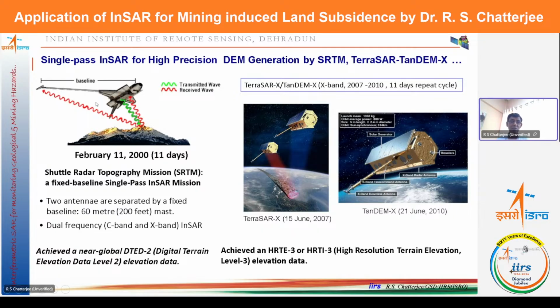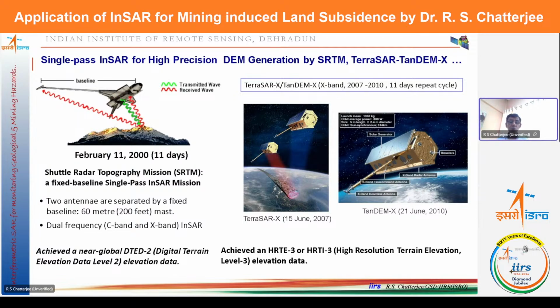And this is the configuration. This is the transmitting radar wave, green, and this is the return radar wave received by two receiving antennas, one here and another here. And this is separated by a mast of 60 meters. So always the spatial baseline is the same. So DEM is always normalized, isn't it? Spatial baseline does not vary for the different data pairs.